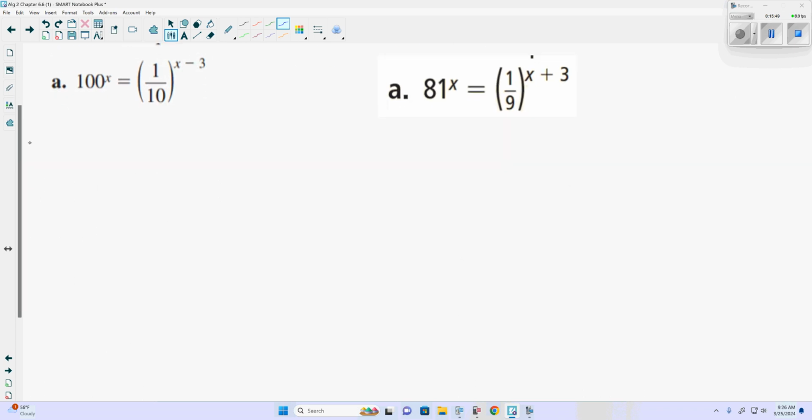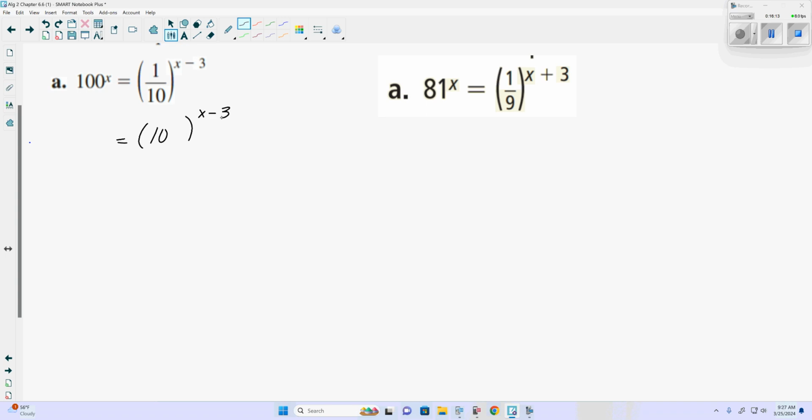100 to the x is equal to 1 over 10 to the x minus 3. Well, we want these to be the same, yes? Out of both of them, 1 over 10, we can make that a little bit nicer, because it is possible to move that 10 from the bottom of the fraction to the top.